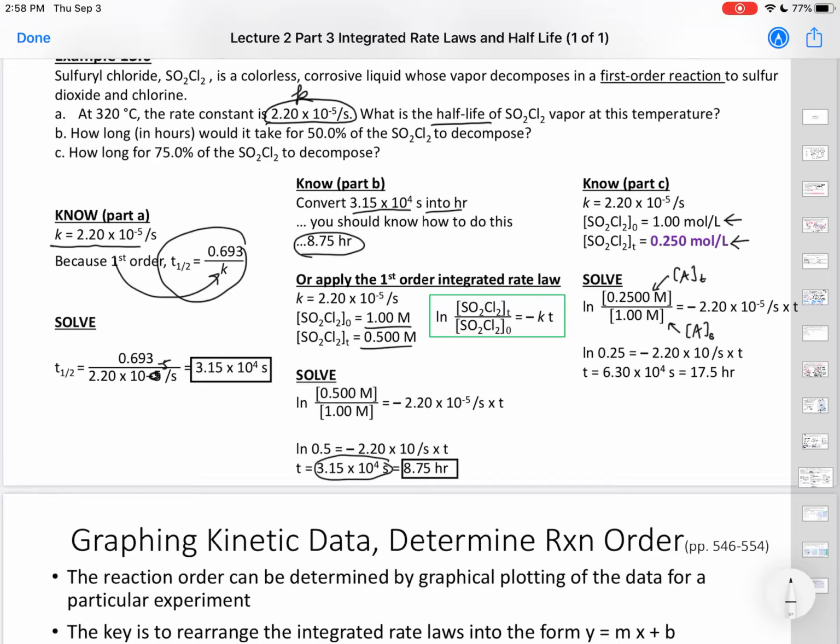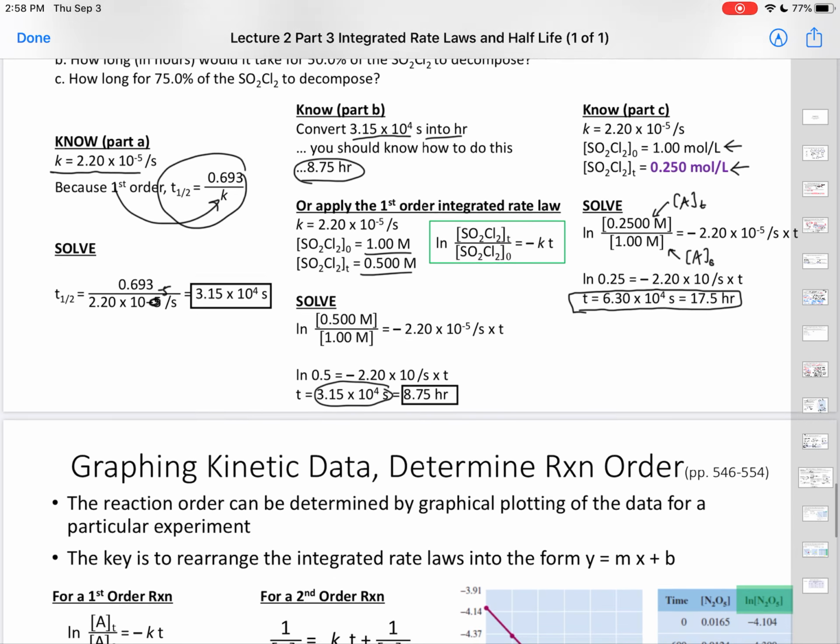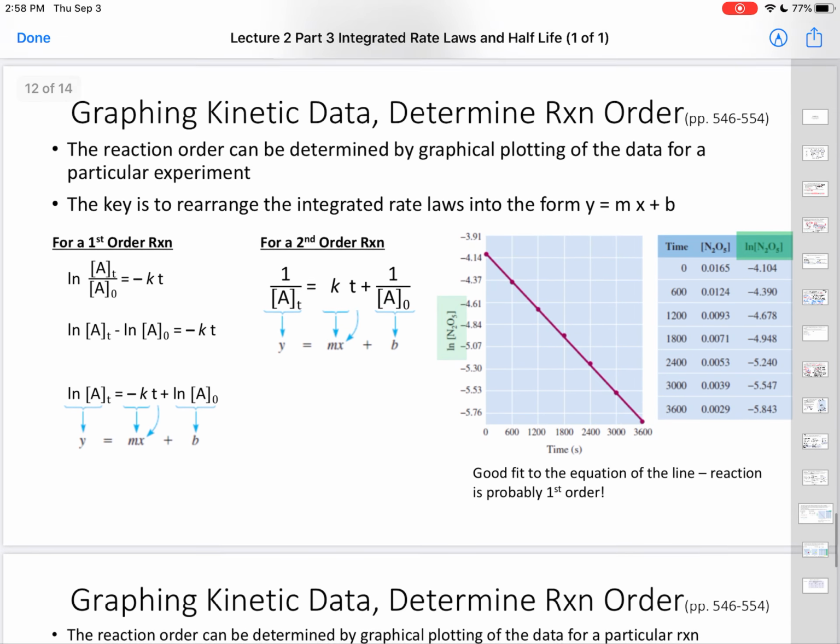This is equal to minus k times t. Solving all of that through, t would equal 6.3 times 10 to the 4th seconds, and we should convert that into hours, 17.5 hours. This is very much a review of what we just covered at the beginning.